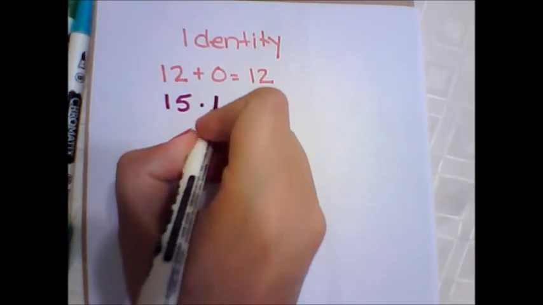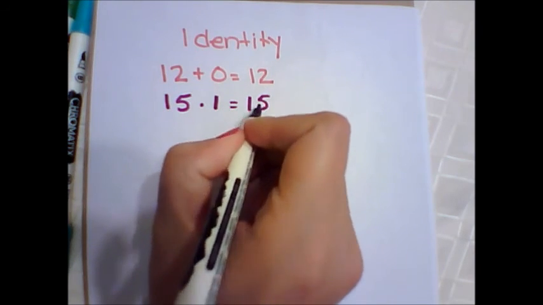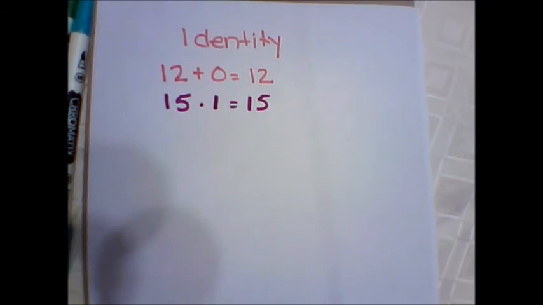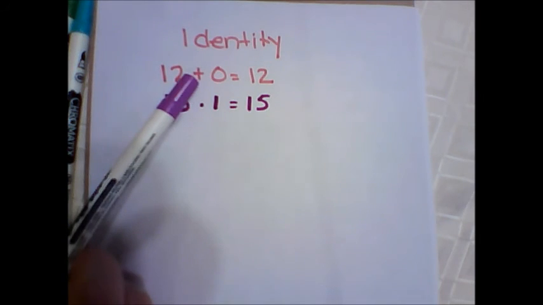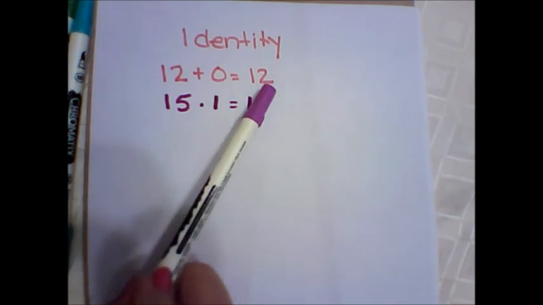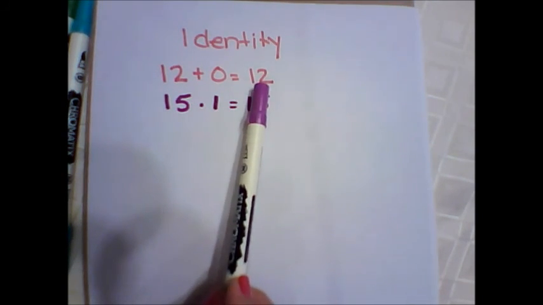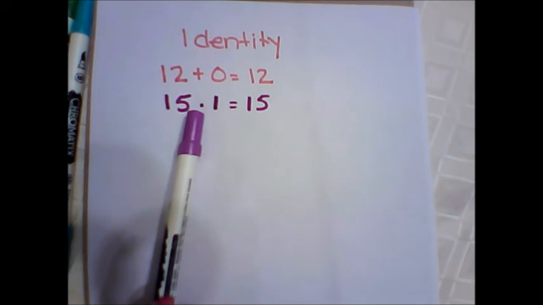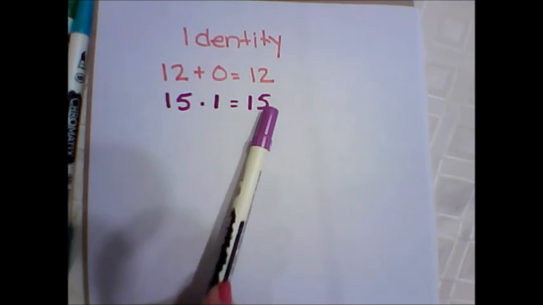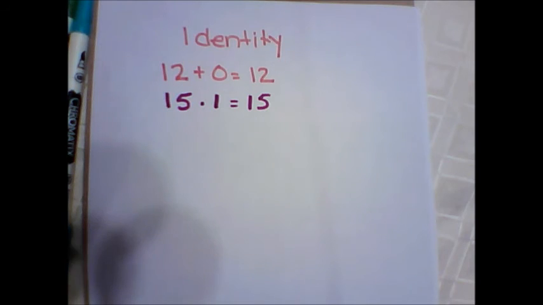What could we multiply 15 by to get 15 again? Of course, it's 1. 15 times 1 equals 15. So both of these started out at a number. We added a 0 to obtain the same number that we started out with, or we multiply that number by 1 to obtain the same number we started with.